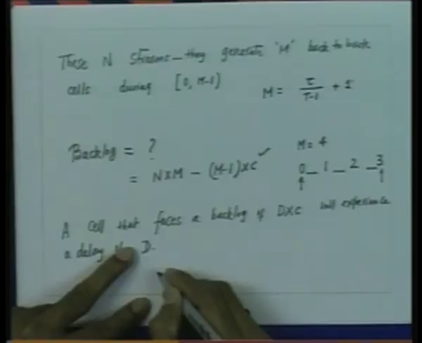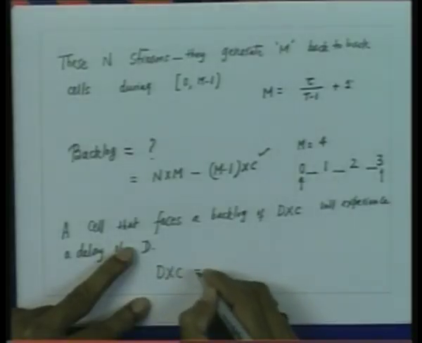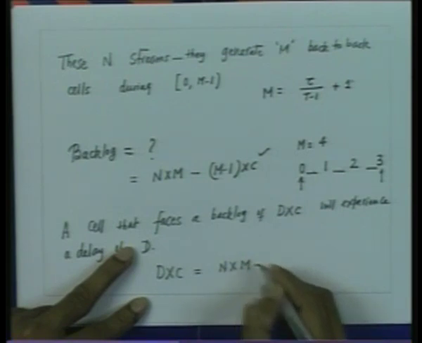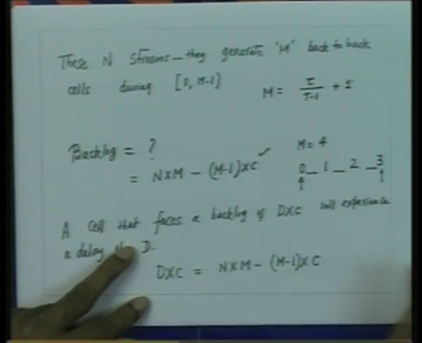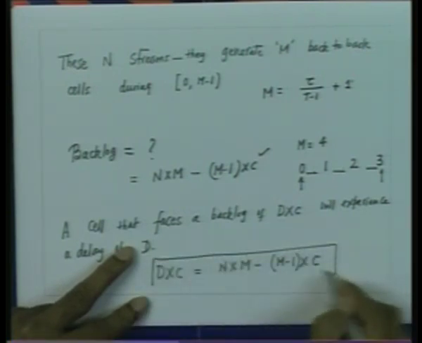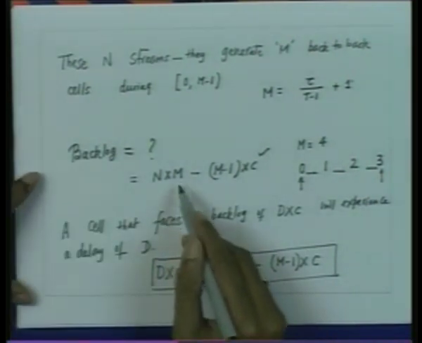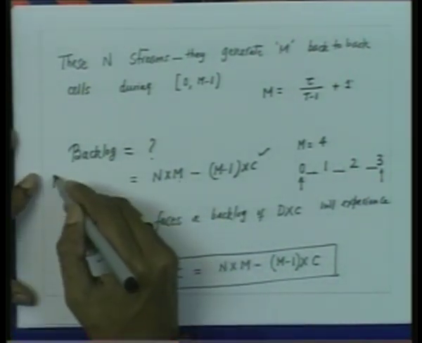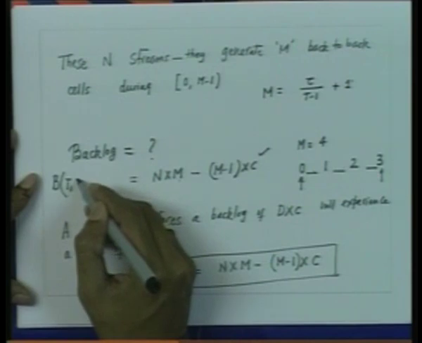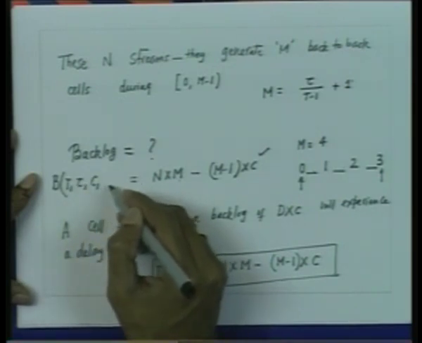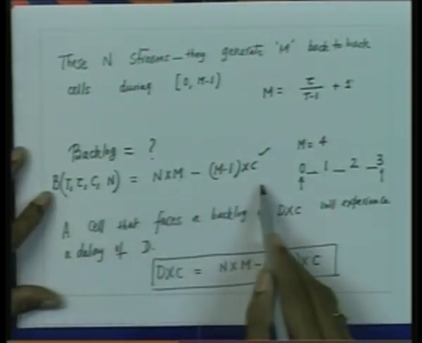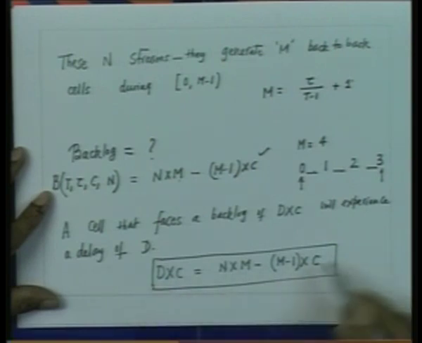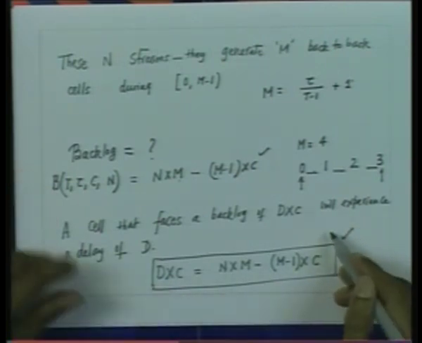So let us now equate that. What we are saying is that D cross C should be equal to n cross m minus m minus 1 cross C. So this is our governing equation, because remember that this is what is called the maximum backlog. I can write this maximum backlog as a function of t, tau, C and n. So this maximum backlog is equal to this.